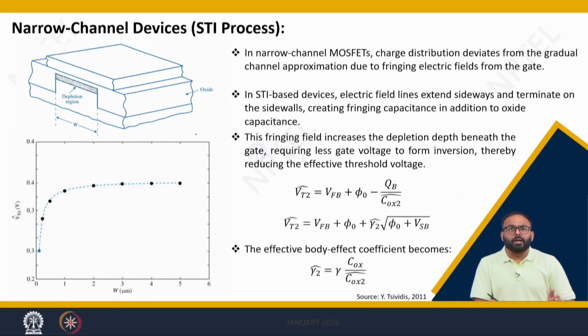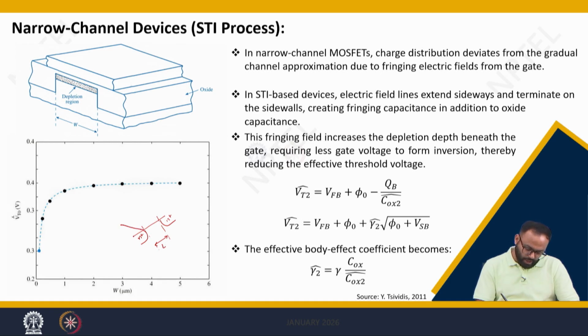So, there is another kind of charge sharing effect in narrow channel devices. If I draw a MOSFET like this, this is N plus, this is N plus, this is the channel length between source and drain, but this is a 3D structure. So, if I go like this, this dimension is the width dimension.